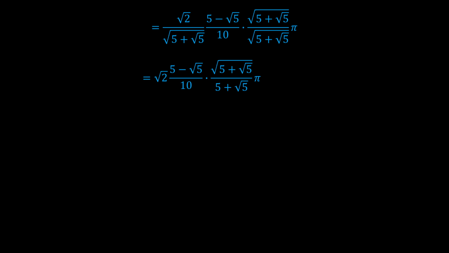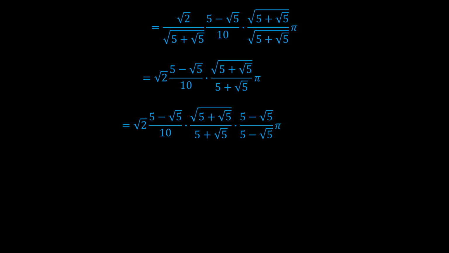And since this multiplication here now results in just 5 plus root 5 in the denominator here, we can also multiply with the conjugate, just trying to remove the square root in the denominator, where instead of plus we have a negative here.